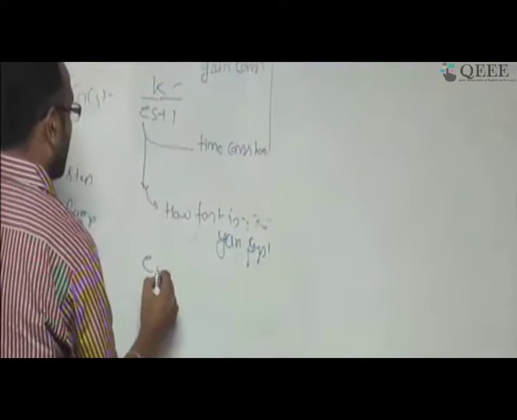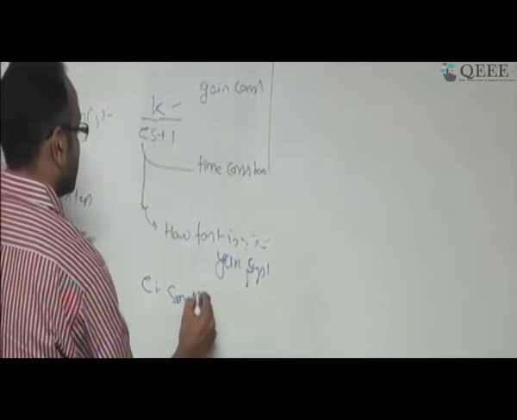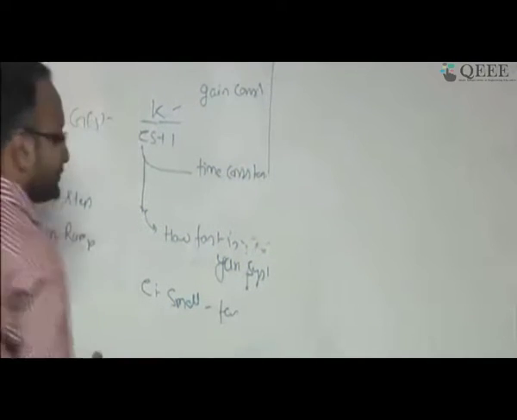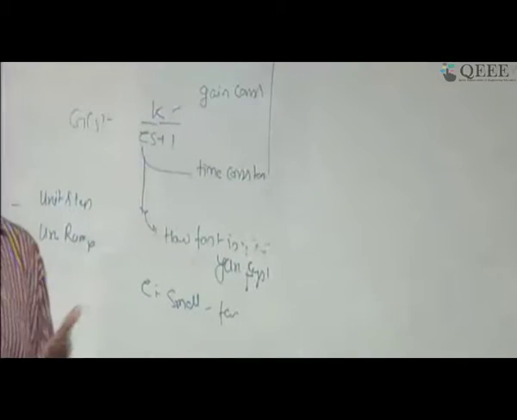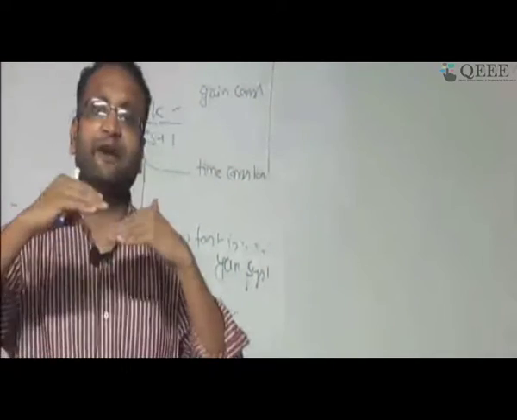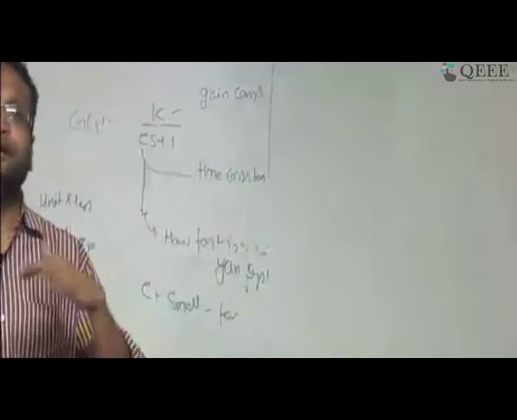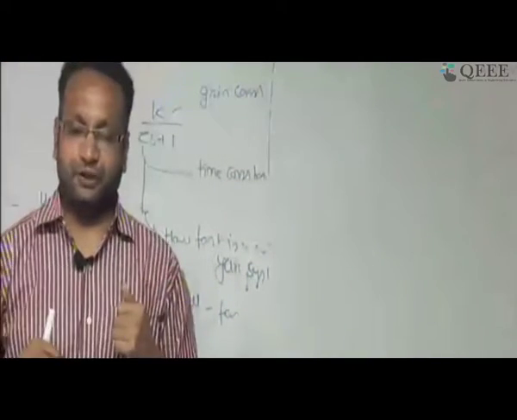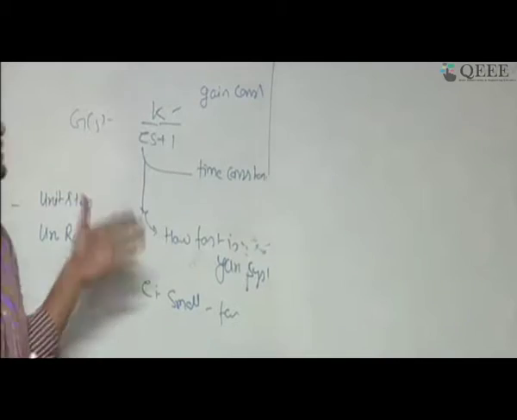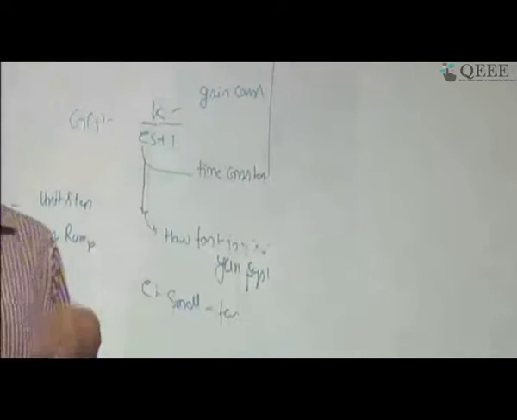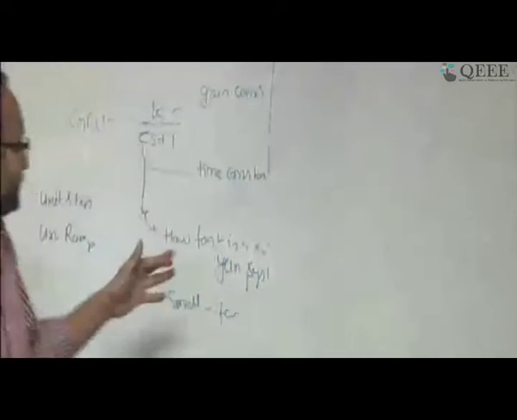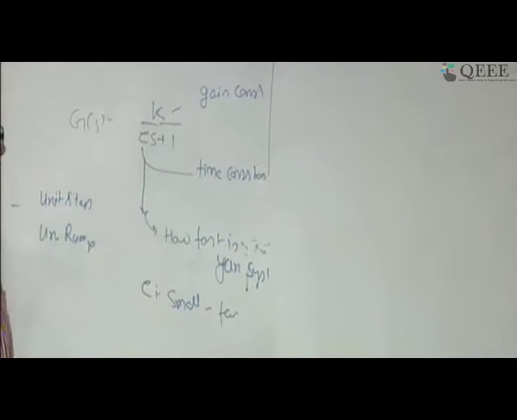If tau is small, then the system is fast. Tau is more, system is slow. And this K is a gain constant. It doesn't affect the shape of the response. It only gives the magnification, which we can work out by putting in some other amplifier. So I am interested in looking at this time constant.